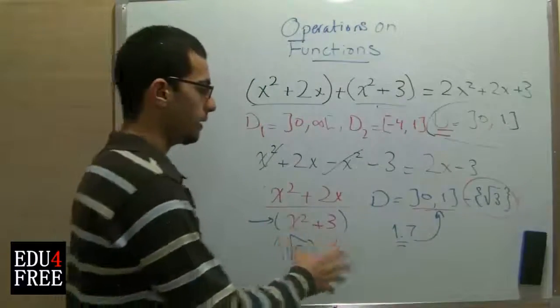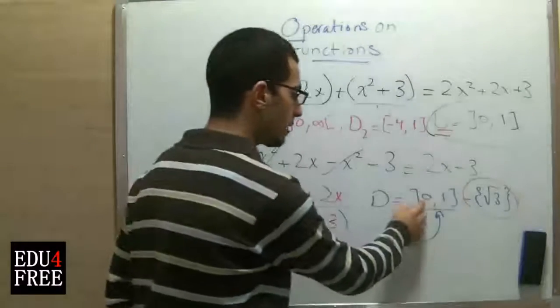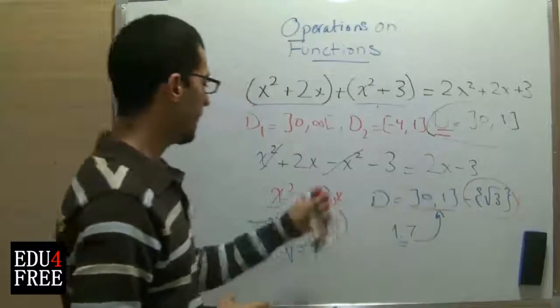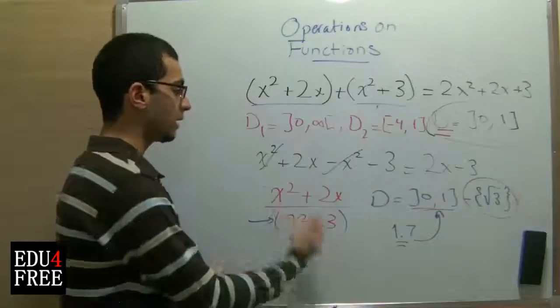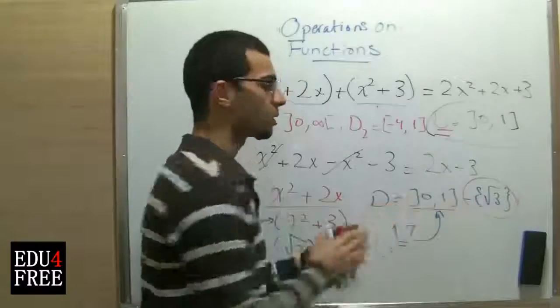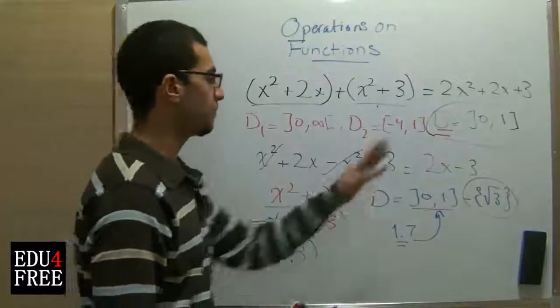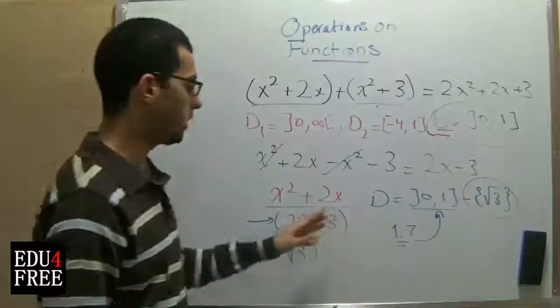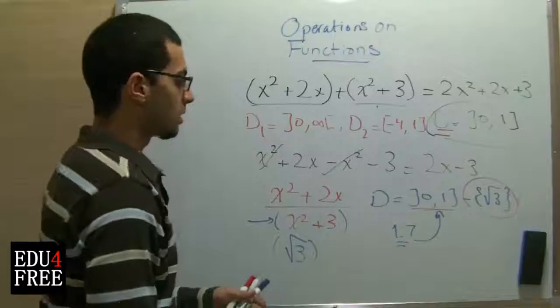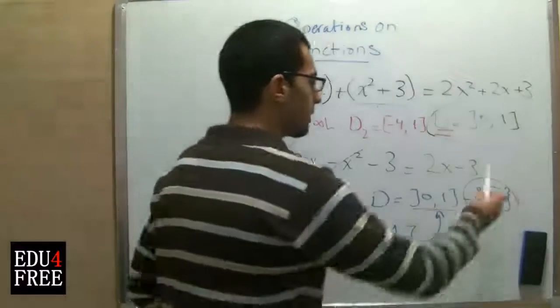But if the set of zeros is included in this interval, so that somebody may substitute with it in the equation and the result will be undefined, we exclude it in order to let them know that this number will not be used in substitution in this equation. So here we don't have the root 3.